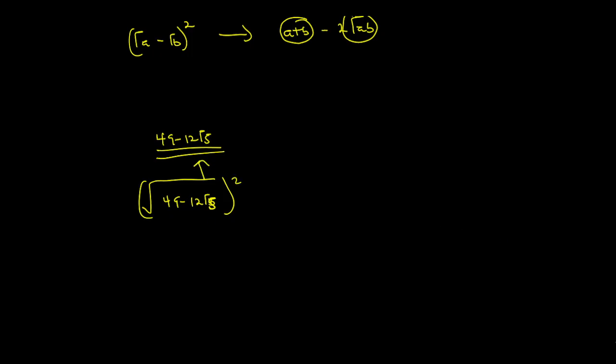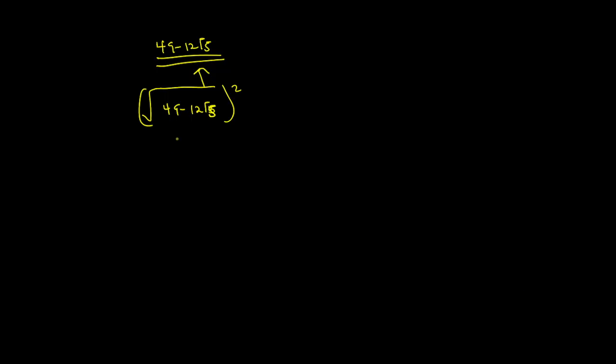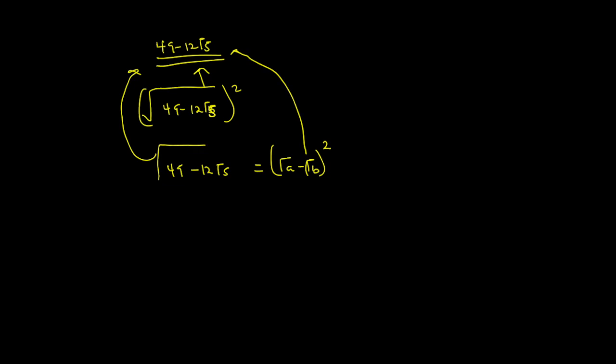Very good. So we are saying, then, let the square root of 49 minus 12 root 5 be of the form square root of A minus square root of B, such that when we want to return to this state, we can say let's square both sides, right? Now, when you square this expression, you are also going to get this same thing.